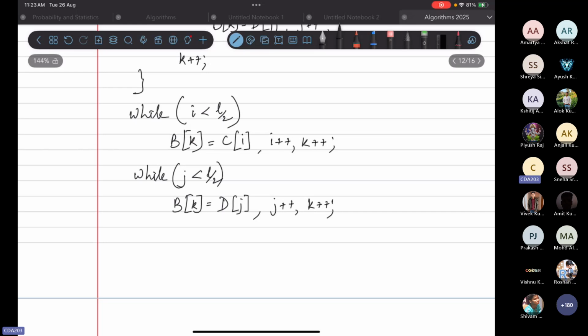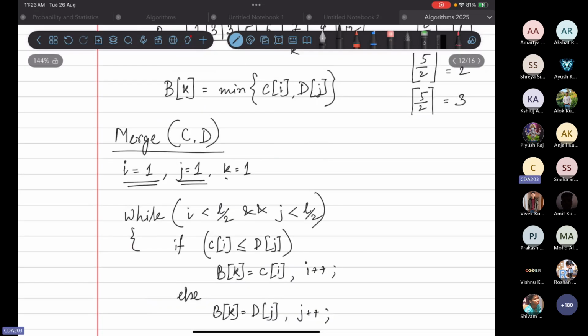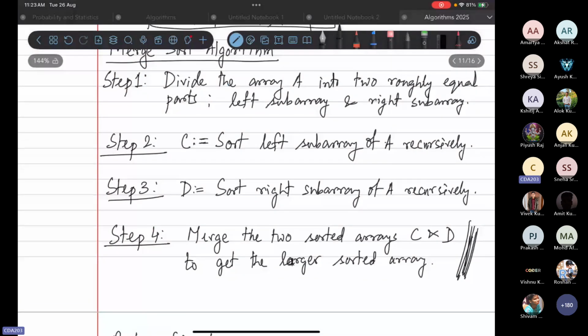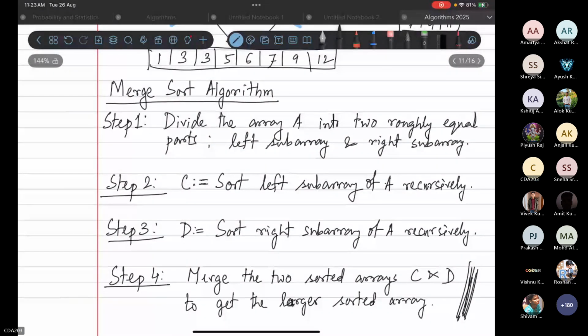Now let's analyze this process. Is this process correct or not? First, we have to argue that. What is the guarantee that this process will give you the correct sorted order of the input?